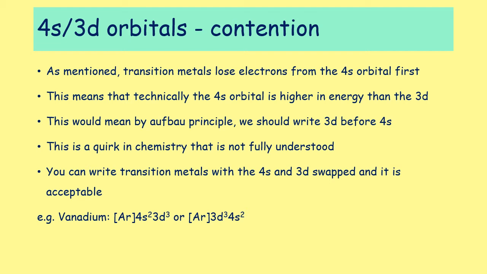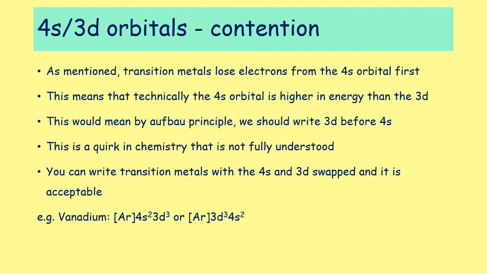And if the 4s orbital is higher in energy than the 3d orbital, if we consider the Aufbau principle, which says we should fill orbitals in order of increasing energy, technically we'd be more correct in putting the 3d before the 4s.